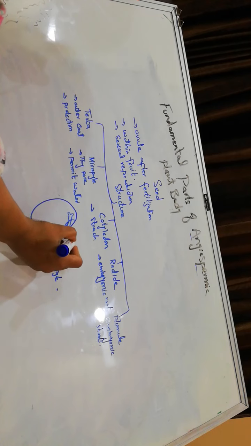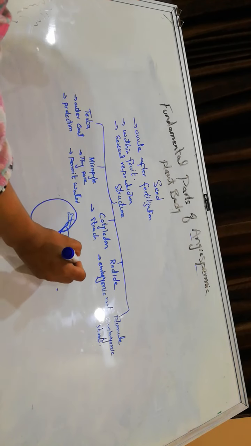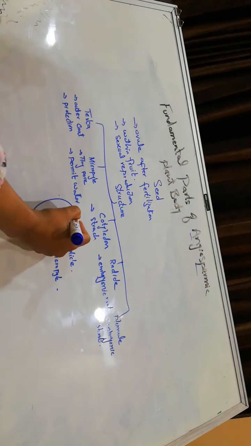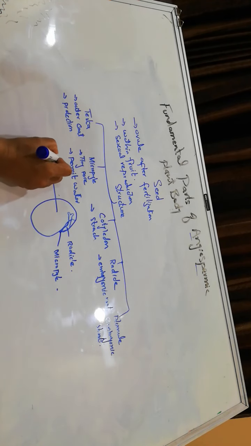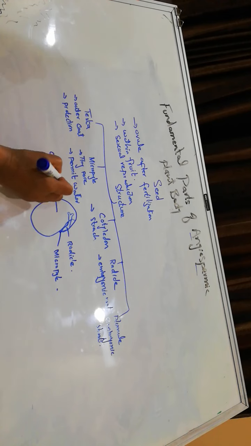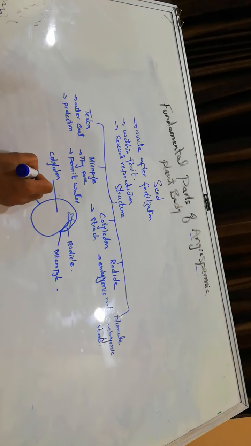This is basically the radicle. This is the cotyledon, and this is the outermost portion which is known as the testa.